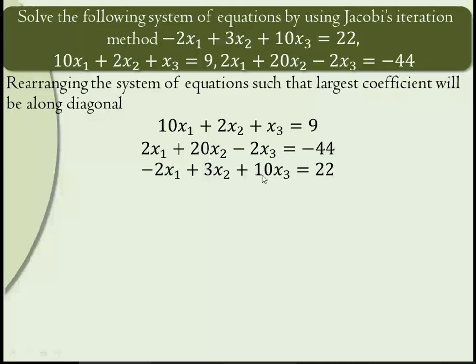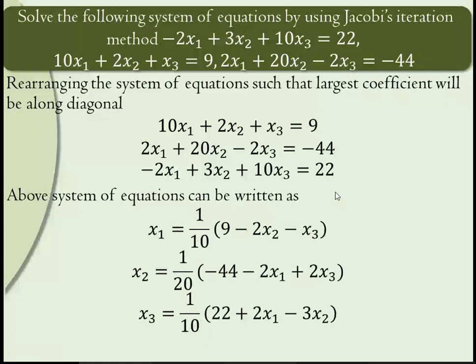Now what to do? Get x1 in terms of the other variables, get x2 in terms of the other variables, get x3 in terms of the remaining terms. Take all the terms on the right hand side. Correct? Simple way. Okay, these positive terms become negative and divide by 10. Same thing we do with the other two equations.